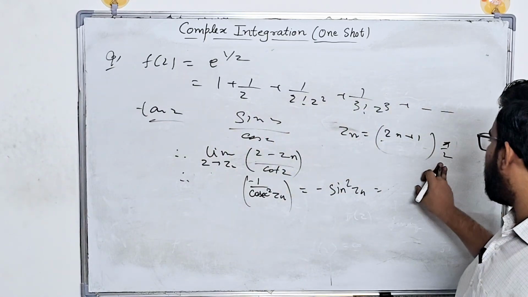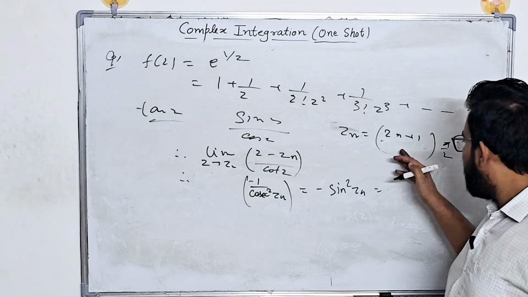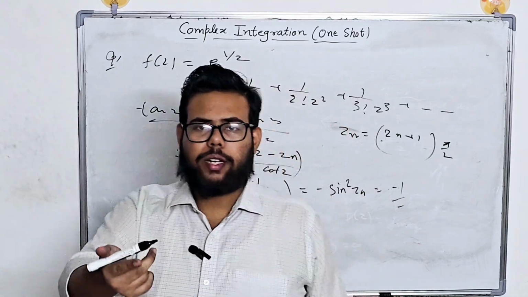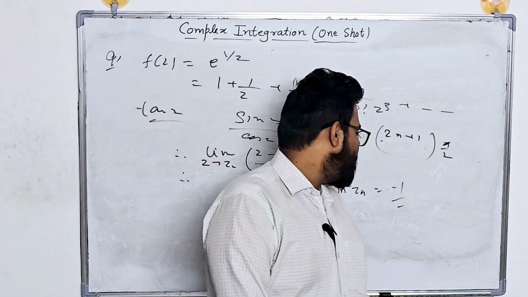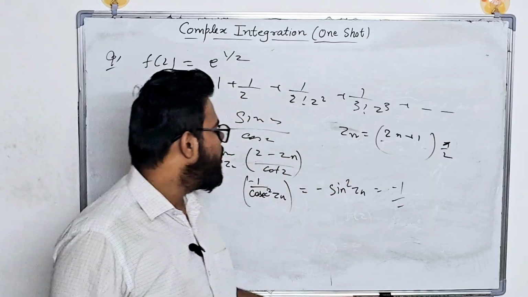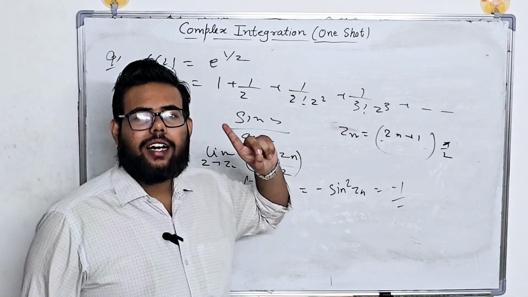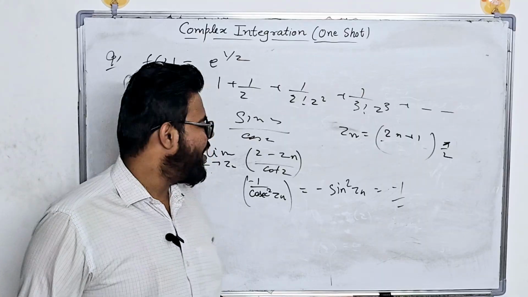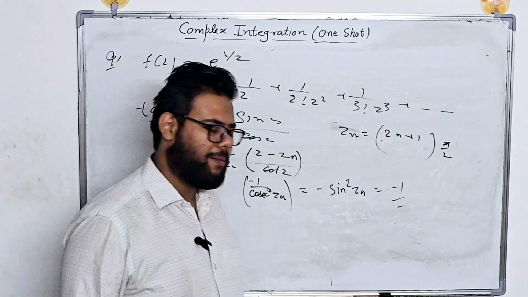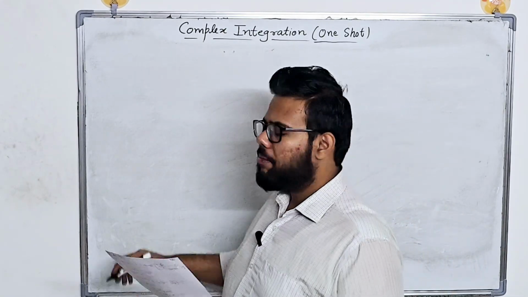Now at these values, the sine will become plus minus 1, and squared it will become plus 1, so plus 1 multiplied by negative 1, it will be equal to negative 1, okay? So it is a pole. So all these zn are simple poles, right? So it is a pole singularity. Understood?